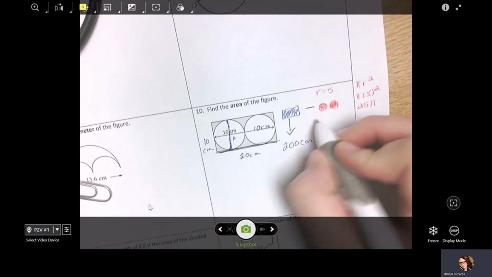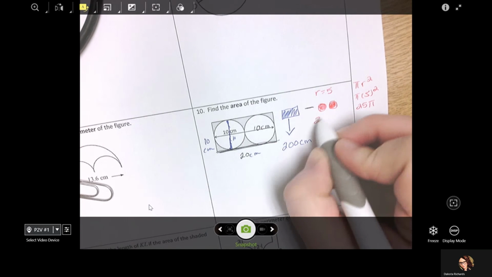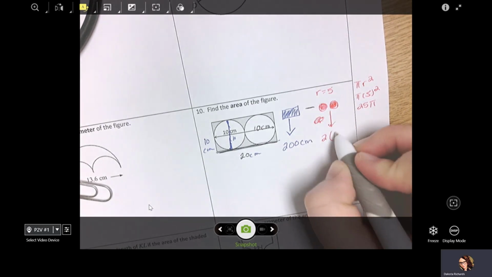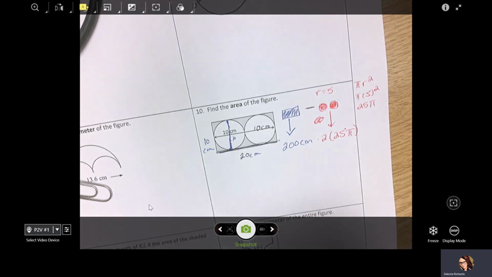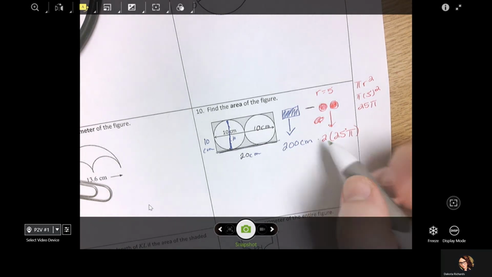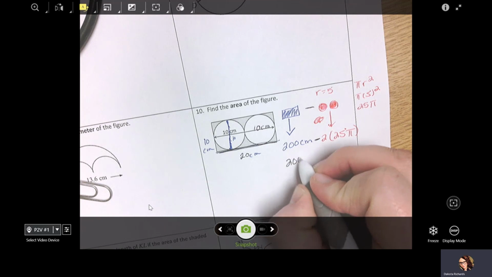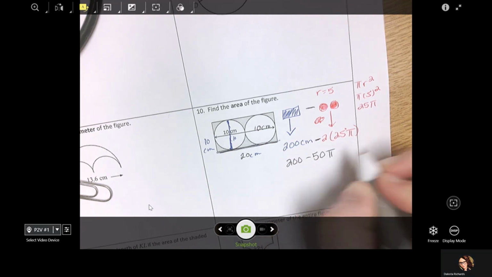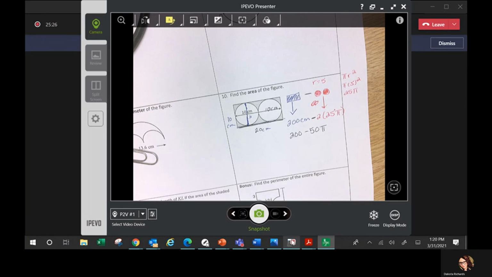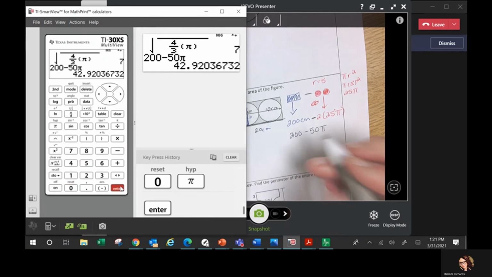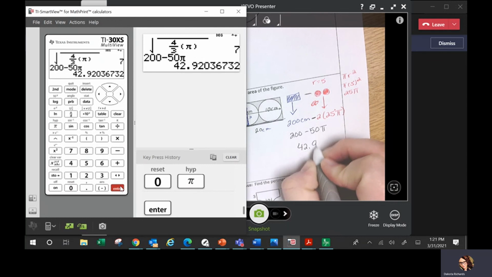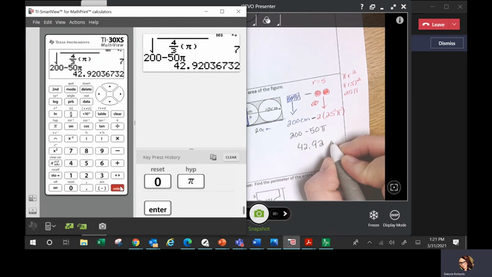But you have two circles, so that's going to be 2 times 25 pi, right? And all you have to do is subtract those. So we have 200 minus 50 pi. So we get 42.92, and that's square centimeters.